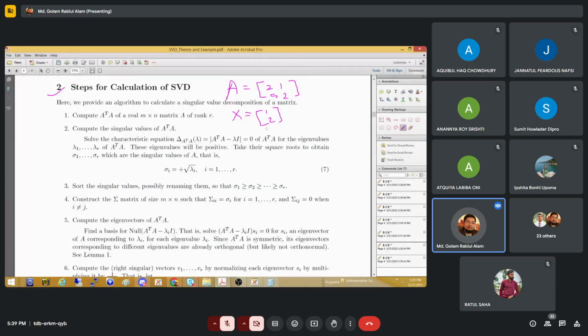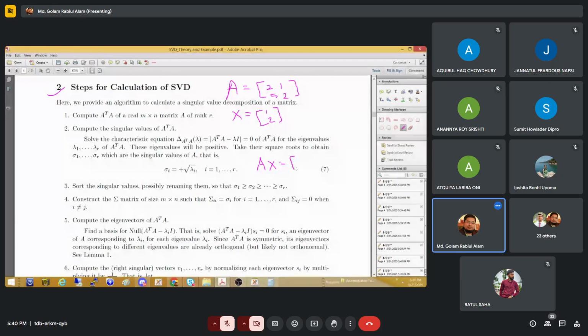If we multiply this vector with this matrix, that is, if we try to find AX, then we will get 2 times 1 is 2, and 1 times 2 is 2, which gives 4.